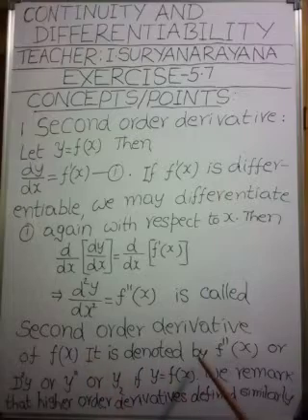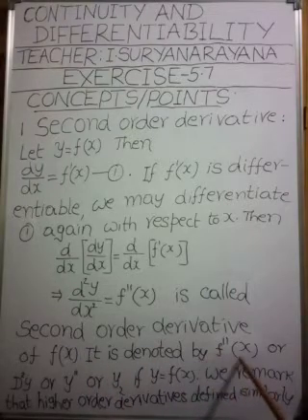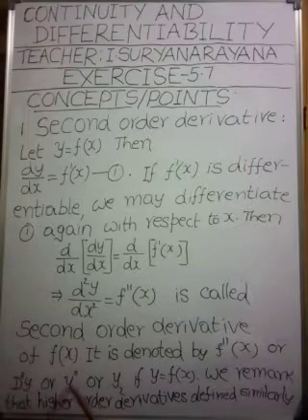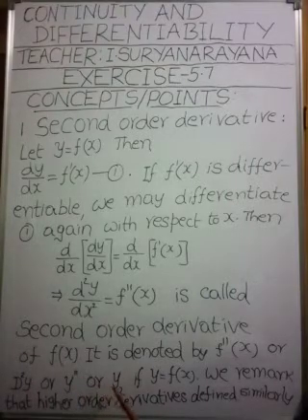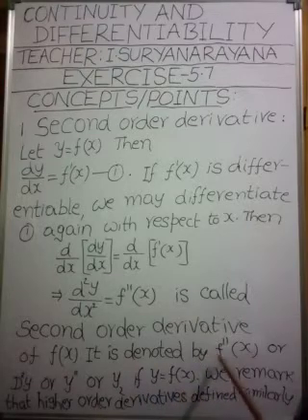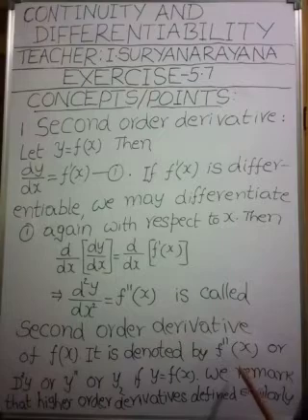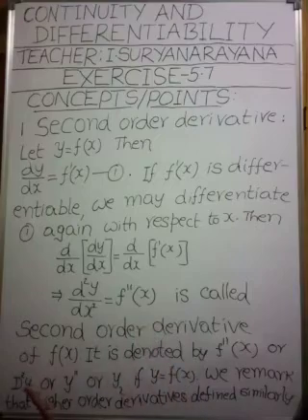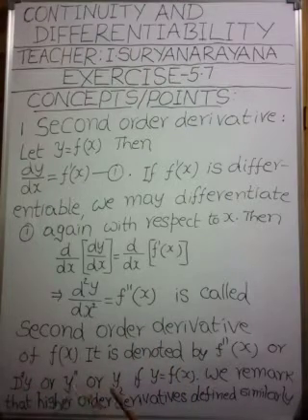It is denoted by f double dash of x or d square y by dx square or y double dash or y2 if y is equal to f of x. These notations can be used to denote second order derivative. F double dash of x, d square y by dx square, y double dash or y2.